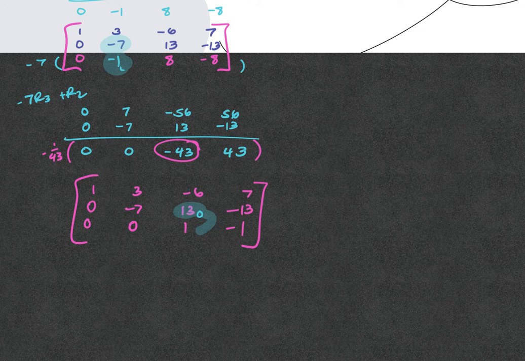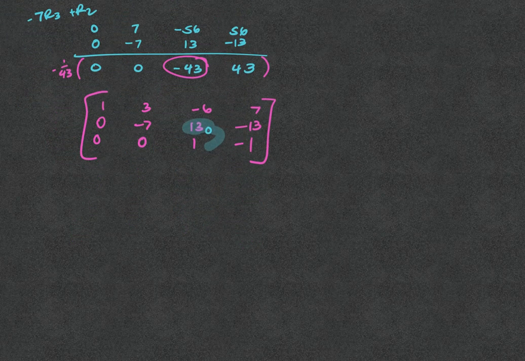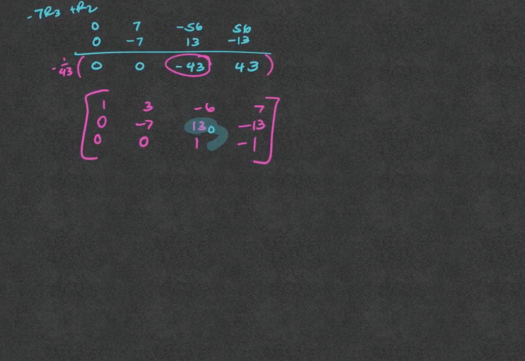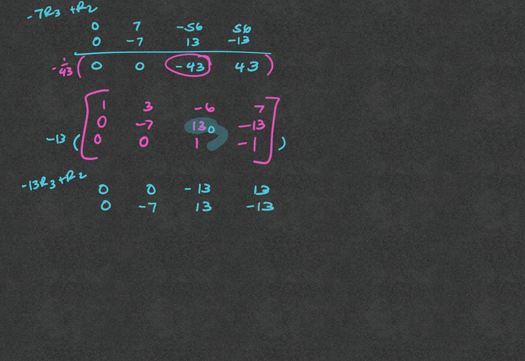If I use row 1, I lose the 0 on the front. So what can I multiply row 3 by to cancel it with +13? -13. And I get 0, -7, 0, 0.